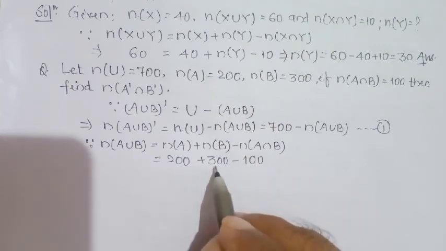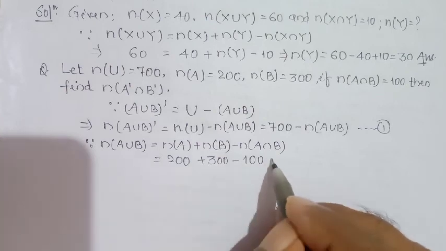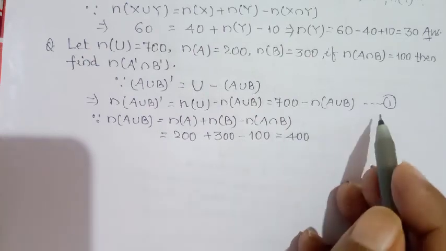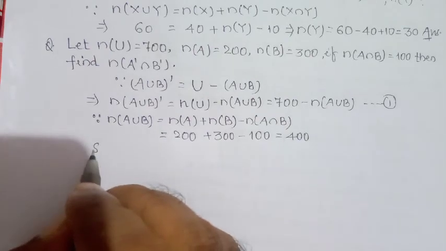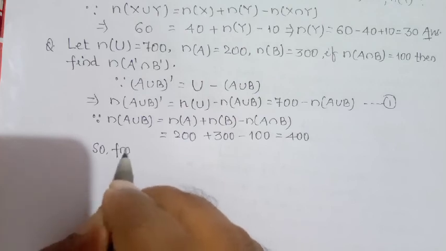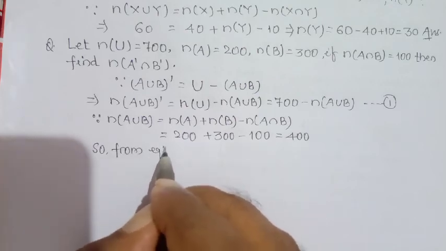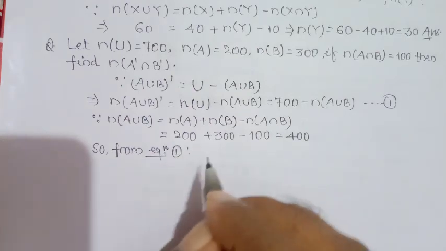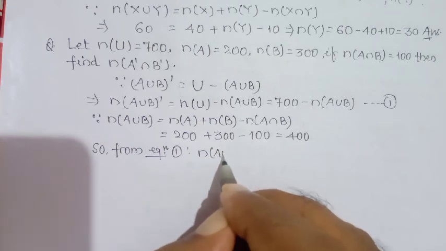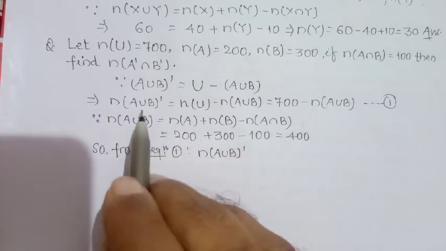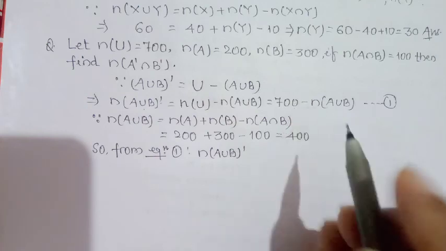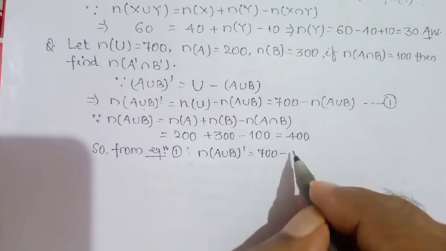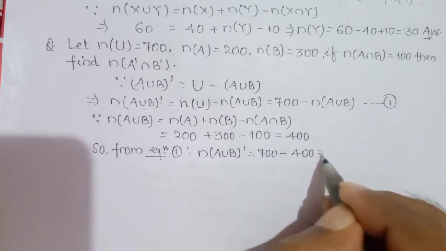So it should be 400. Now using this value in equation number 1, we have number of elements of complement of A union B is equal to 700 minus 400, which is just obtained. That should be 300.